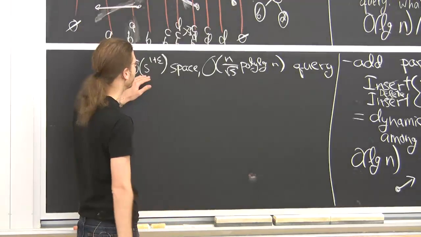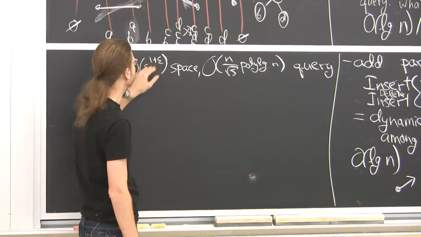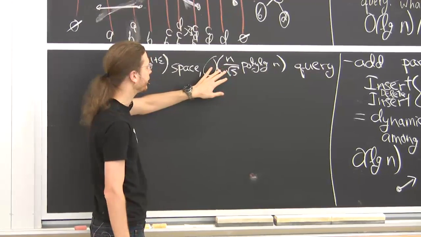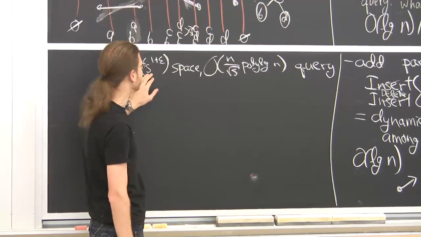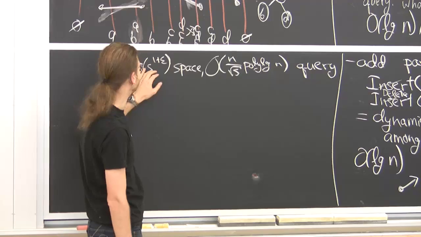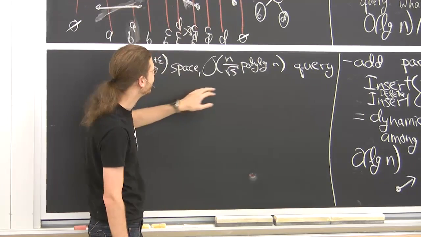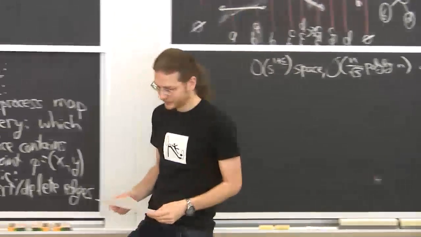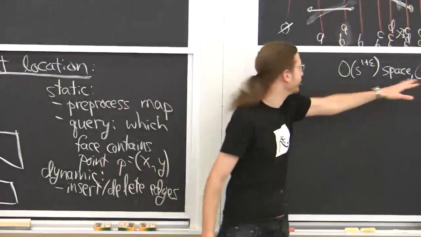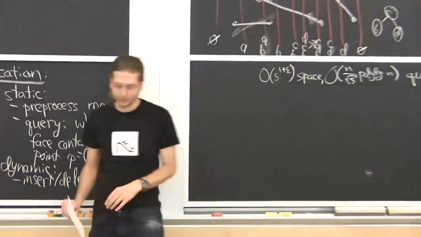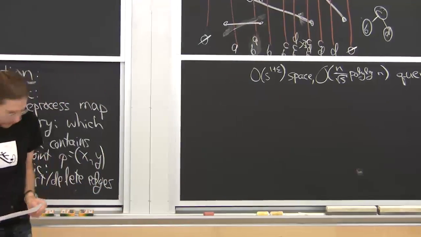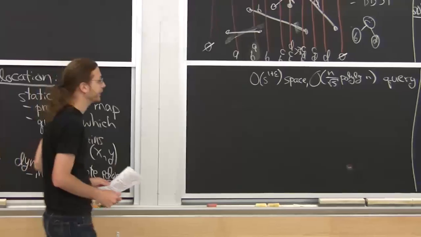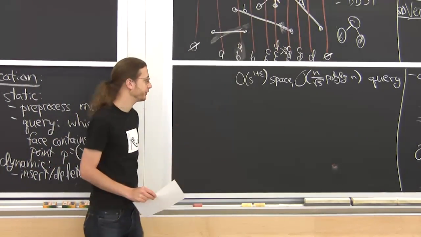So you need quite a bit of space, because if you use like n to the 1 plus epsilon space, you can get roughly root n query time. If you use n to the 5 space, then you get somewhat better query time, but still not great. You can maybe get down to n to the epsilon if you have very large polynomial space. But this is conjectured to be roughly optimal, other than the polylog factors. Belief is you cannot beat this for general rays.